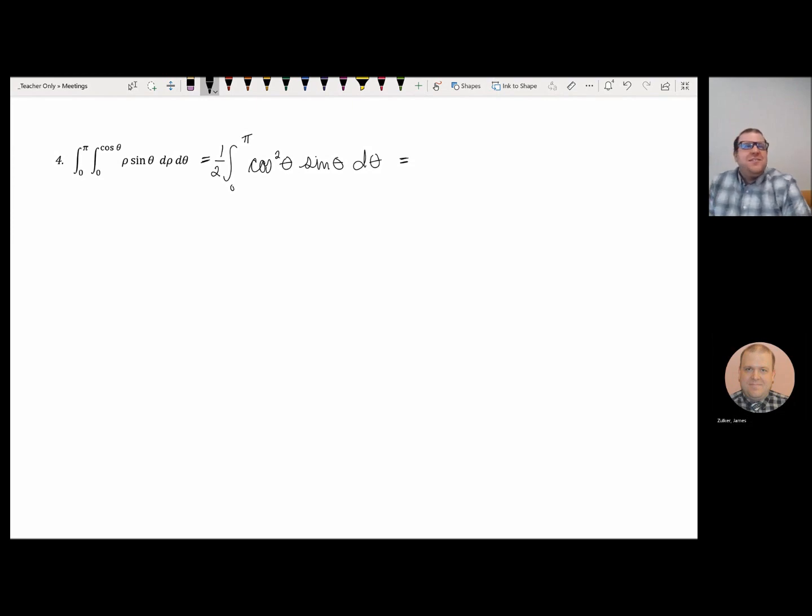While valid, what's the antiderivative of sine cubed? There's an easier way.